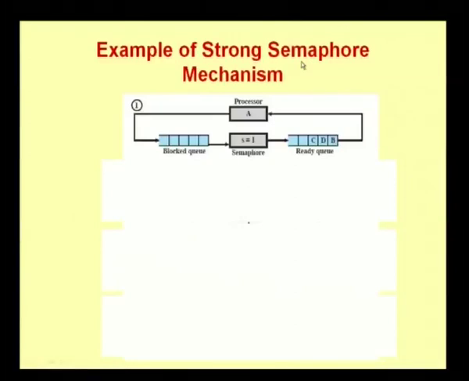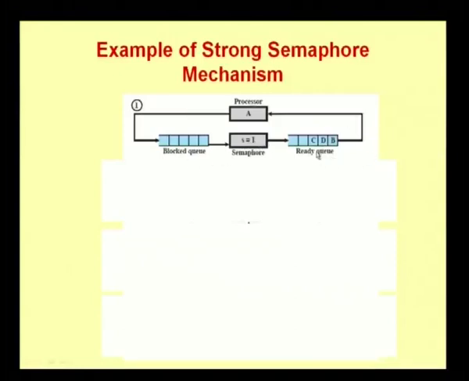Here is an example which shows a strong semaphore mechanism. Here we have a processor. I said the semaphore variable should be of an integer value, so let us have s equal to 1.